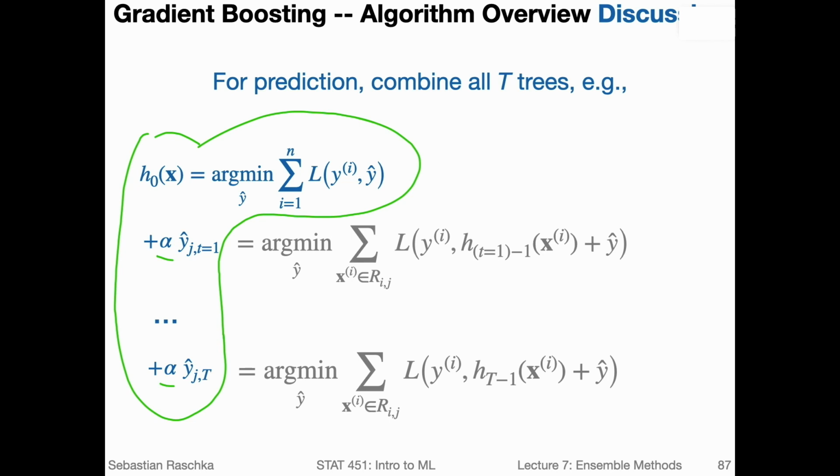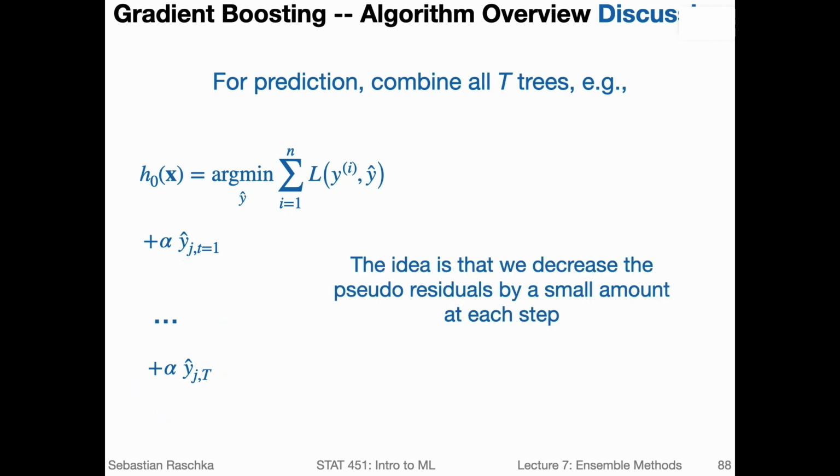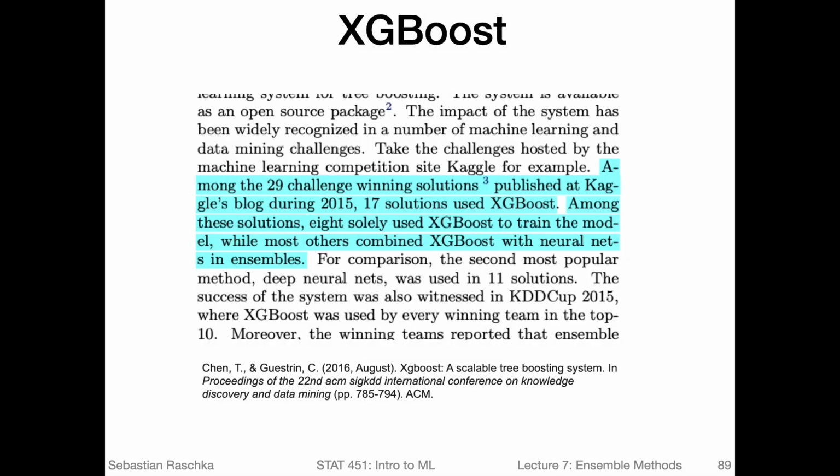Usually the learning rate is the same for all the trees. You can think of improving it by using a learning rate scheduler like we do in deep learning, but in practice, usually people use the same learning rate for each step. And then we are just adding up the predictions for each tree. The idea behind the learning rate is that we decrease the pseudo residuals by a small amount at each step to basically avoid overfitting.